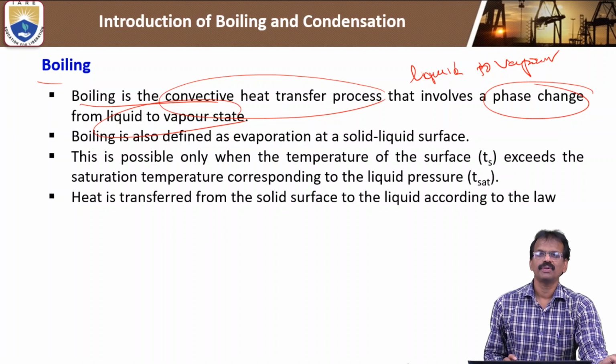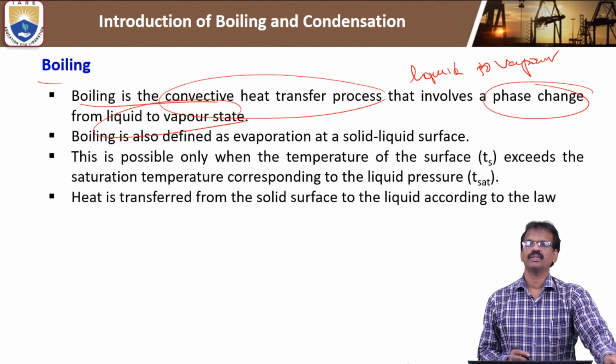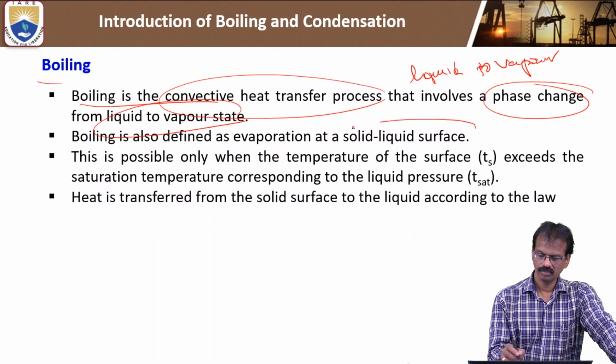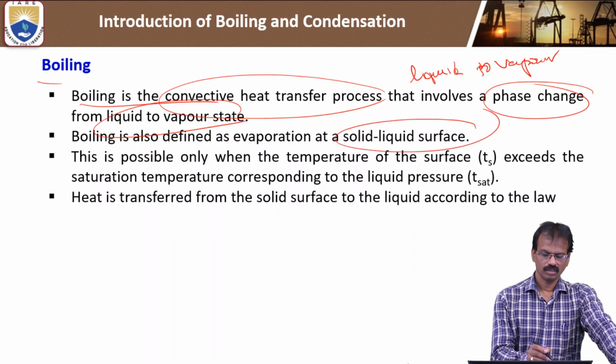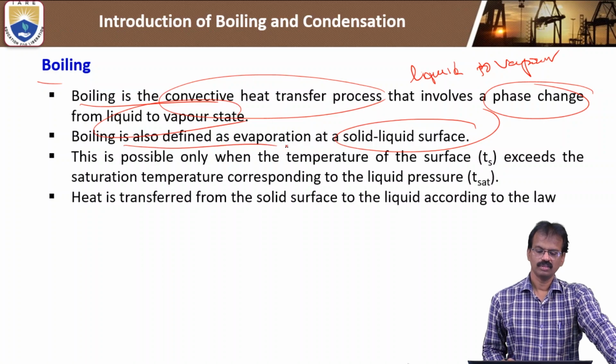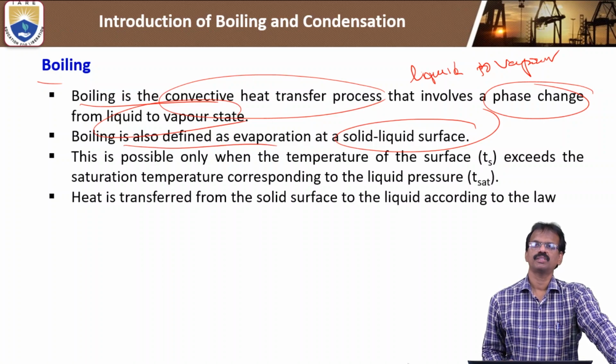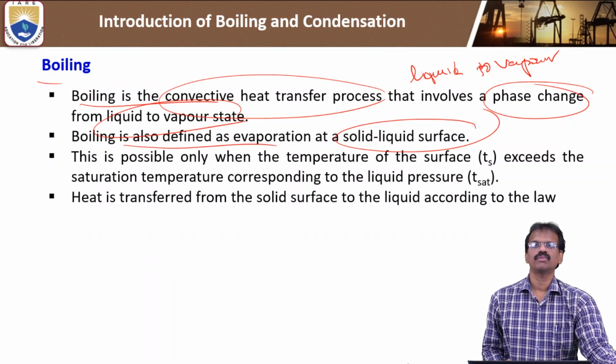Boiling is also defined as evaporation at a solid-liquid surface. Evaporation of the liquid. So we can define it like this also. It is the evaporation at a solid-liquid surface.